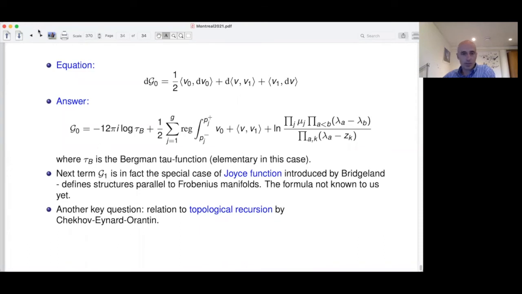This object and its generalization to the higher genus would be the Joyce function by Bridgeland and company, from which they developed the theory completely parallel to the theory of Frobenius manifolds, and which is pertinent to various structures which are important both mathematically and physically. But this part of the work is still a little bit incomplete, so I think I stop here, and I think it's time anyway. So thanks for the attention.